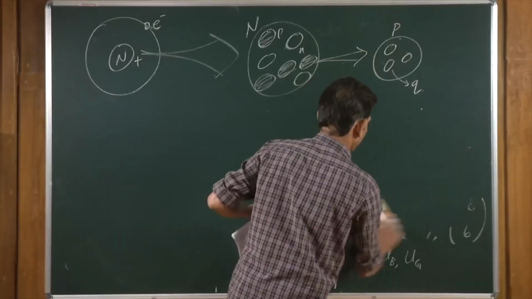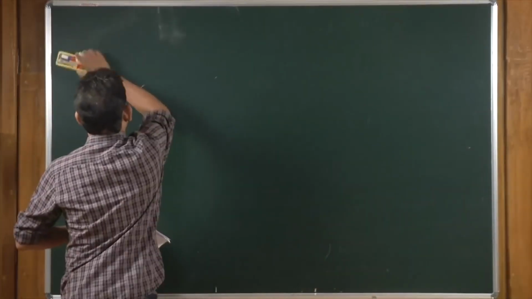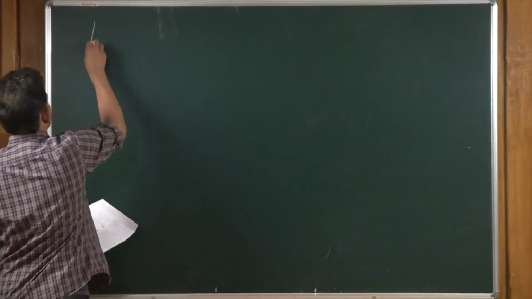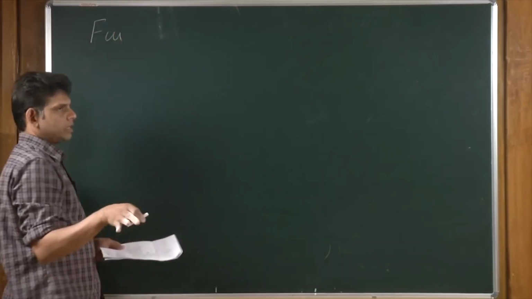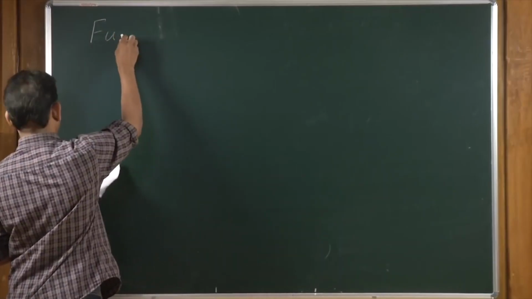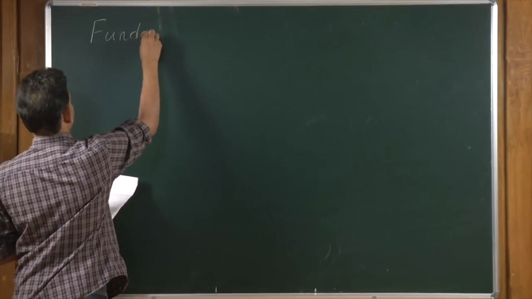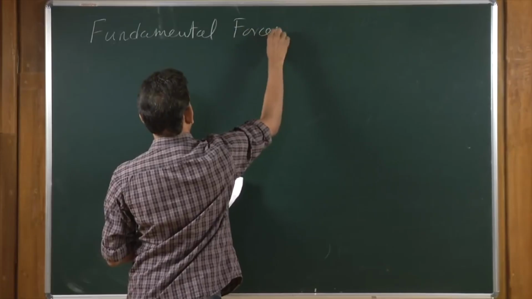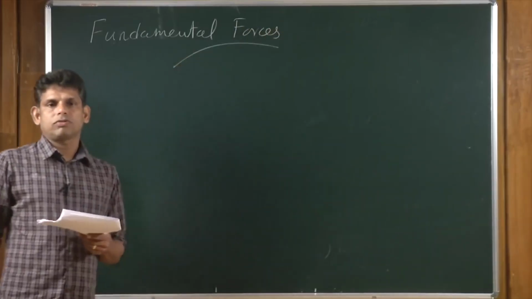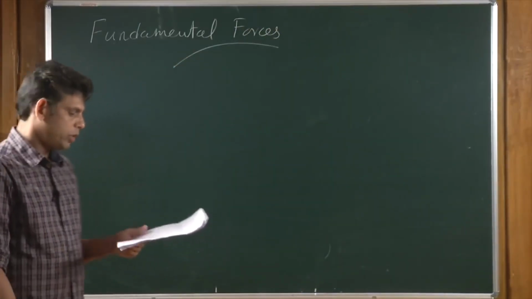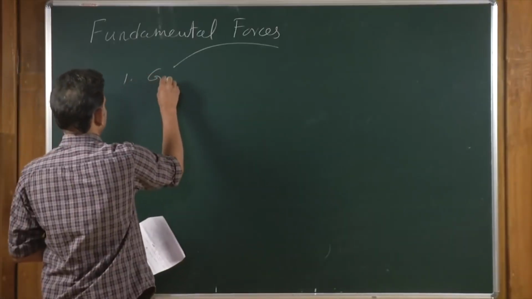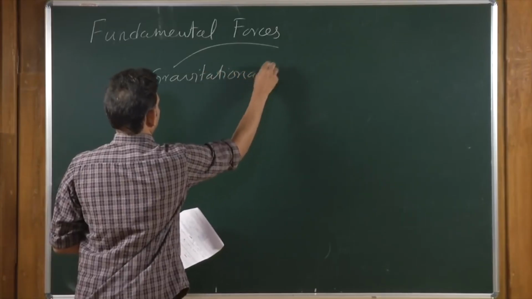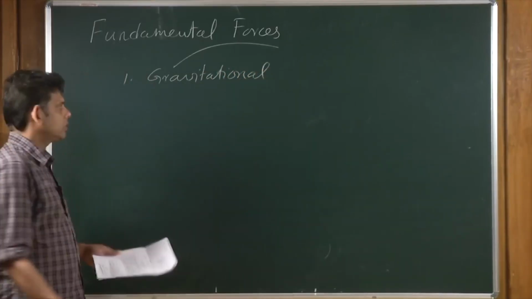So, now we talked about the participants, the elementary particles and how they are classified. Then we have what are called fundamental forces, which dictate the dynamics. We know about gravitational force, which is definitely there all around us.